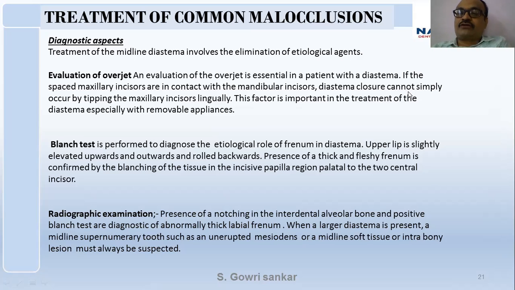And on radiographic examination, you can find a notch at the interdental alveolar bone, and a positive blanching test are diagnostic features that the labial frenum is the cause. Of course, you have to take an occlusal radiograph and other radiographs to rule out any pathology in the midline, such as cysts and tumors or any supernumerary teeth.